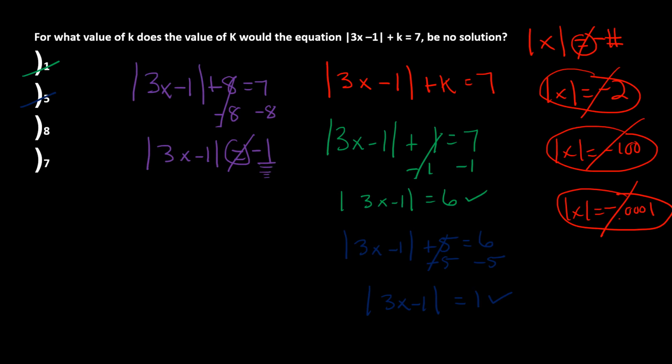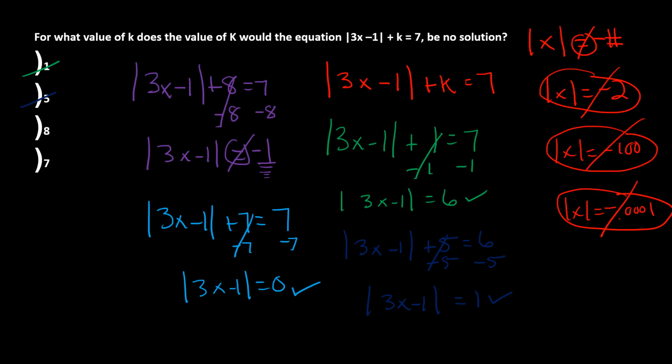Well, let's just double check. Let's do the last one. If we said the absolute value of 3x minus 1 plus 7 equals 7, and I subtract 7 from both sides, I get the absolute value of 3x minus 1 equals 0, because 7 minus 7 is 0. Well, I can solve this because we can get 0.